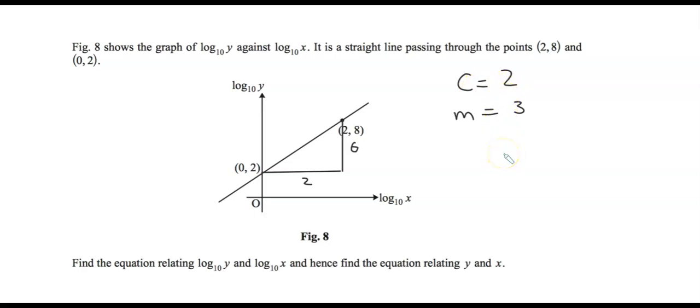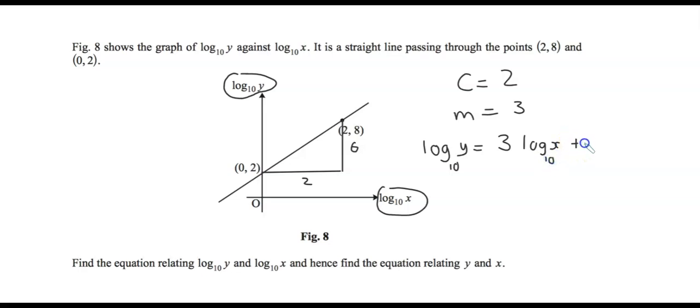Okay, but we have to also be conscious of the fact that on this axis it's not y but it's log of y, and on this axis it's not x but log of x. So what we could do is we could write the equation as log of y to base 10 is equal to mx plus c, but m in this case is 3, x in this case is actually log of x to base 10, and then the c value is 2, that's fine.